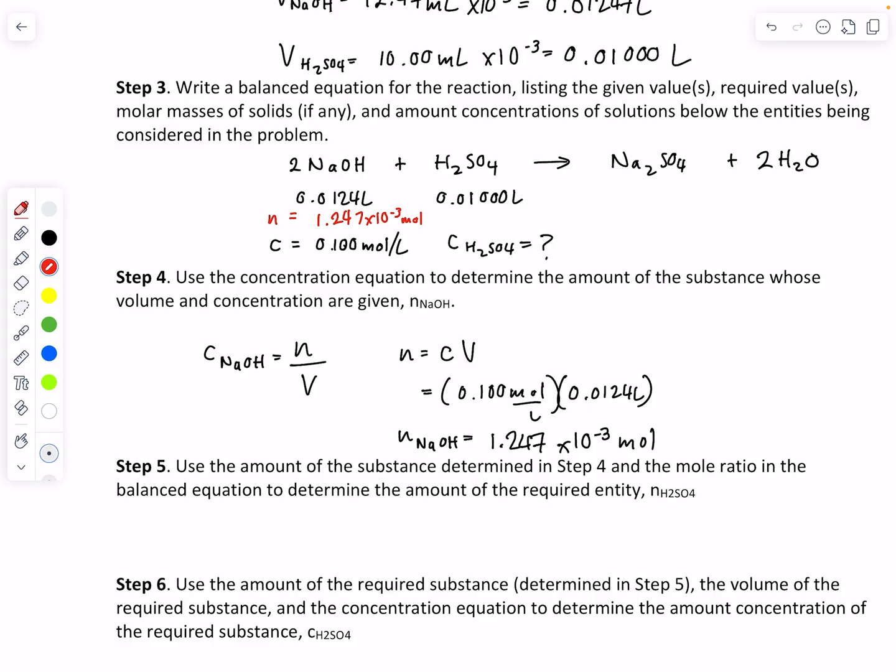In step 5, we're going to use the amount of substance determined in step 4 and the mole ratio in the balanced equation to determine the amount of the required entity, the number of moles of H2SO4. So we have a mole ratio of 2 over 1.247 and 1 over the unknown.